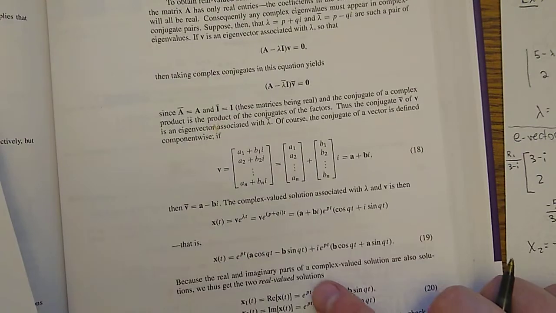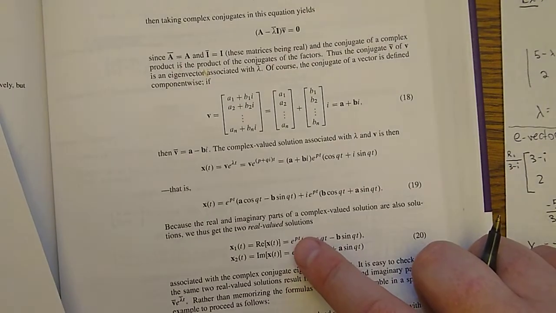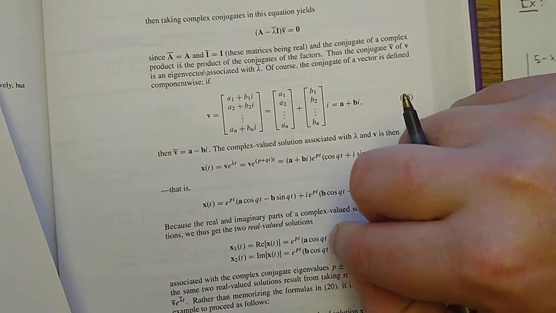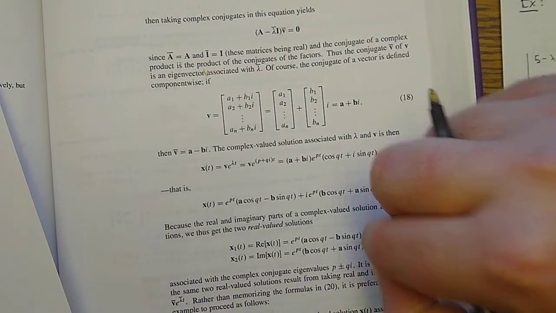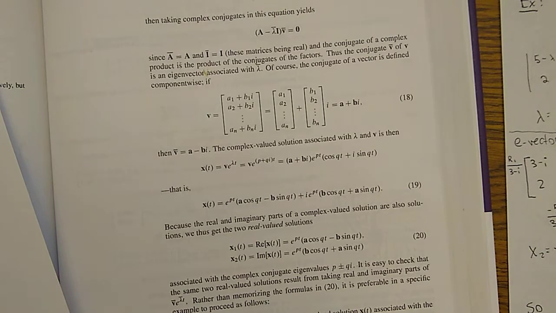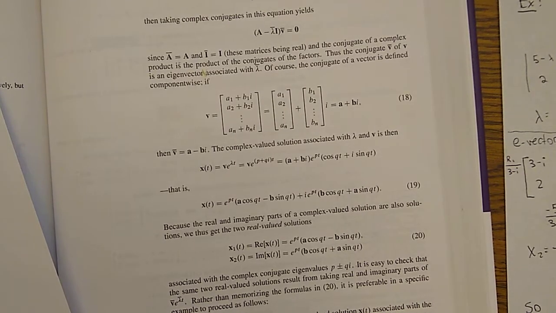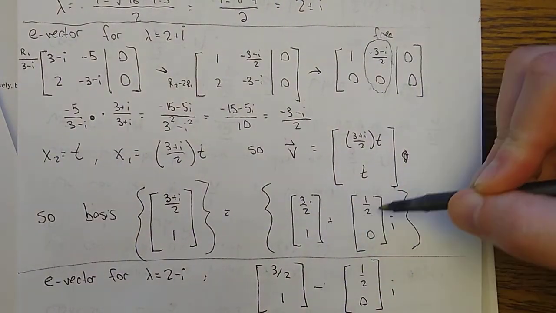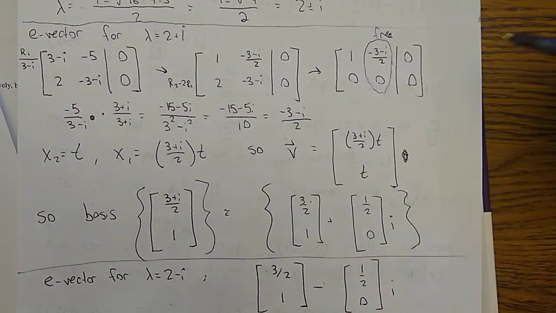A and B are the real part of the eigenvector and the imaginary part of the eigenvector, respectively. So my vector a is (3/2, 1), and my vector b is (1/2, 0). So I'm plugging all that in.